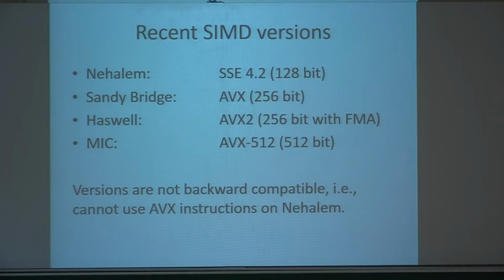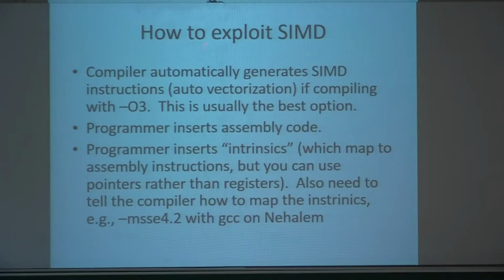And this is a way for these processor companies to provide you additional compute capability, hoping that you can use it. So if you can't use it, then you're kind of stuck because you're really underutilizing this hardware.